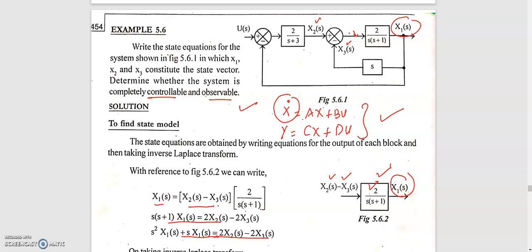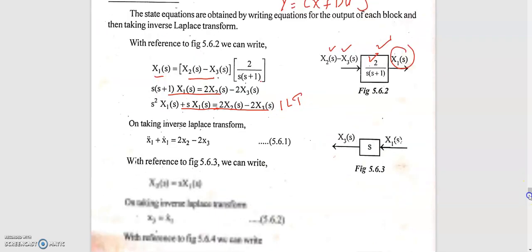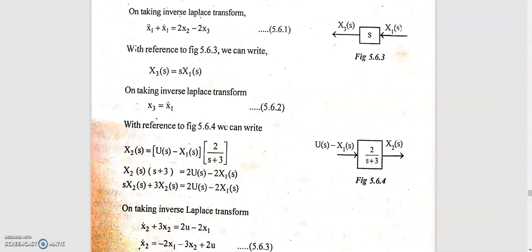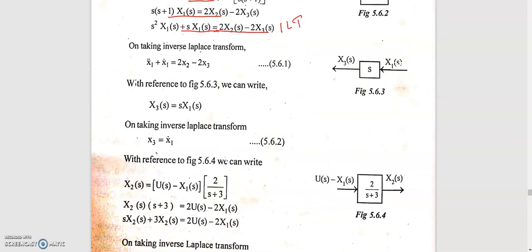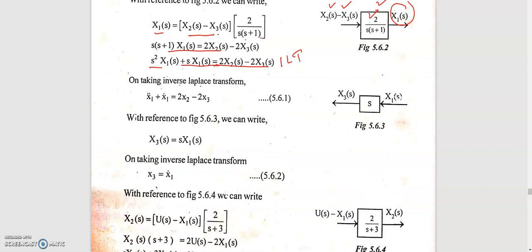This is not in the s domain, so I take the inverse Laplace transform. s square into x1 of s is the second derivative, and s into x1 of s is the first derivative. Then 2 into x2 of s, inverse is x2 as well, and 2 into x3 of s, inverse is x3. So you'll get the first equation.